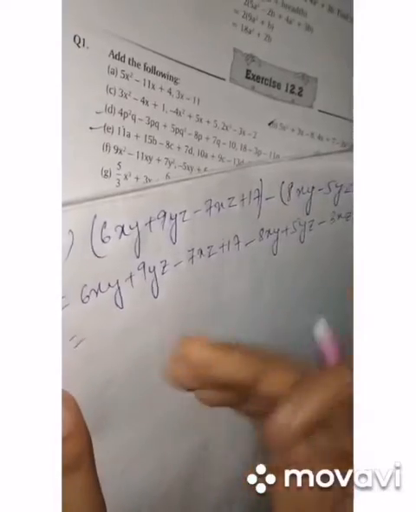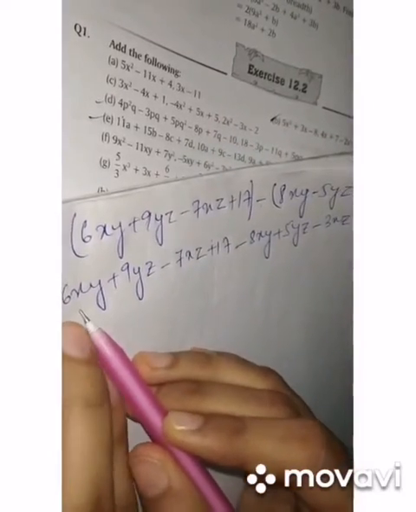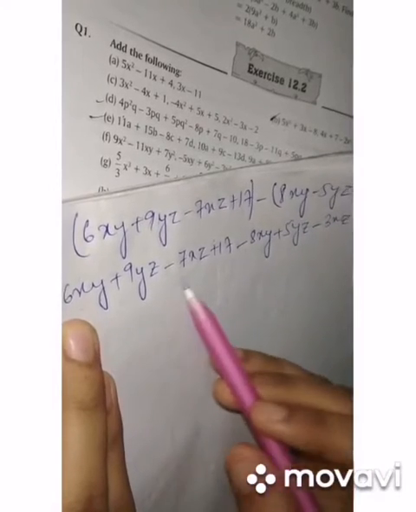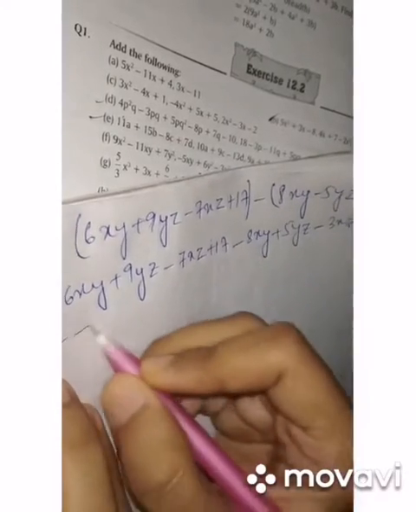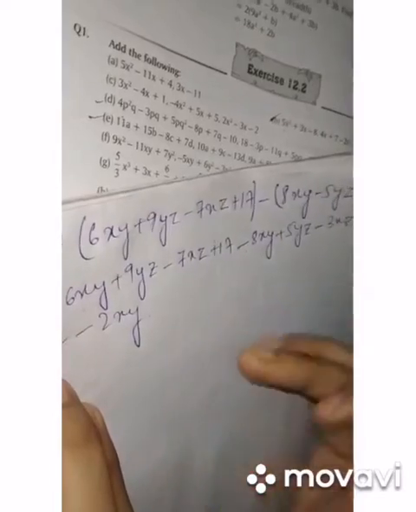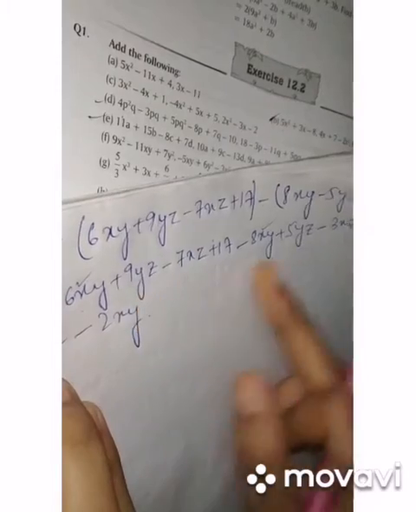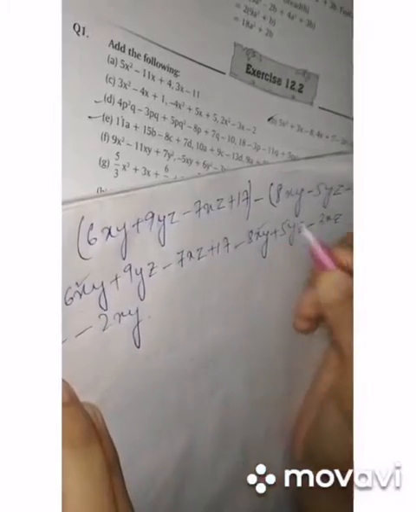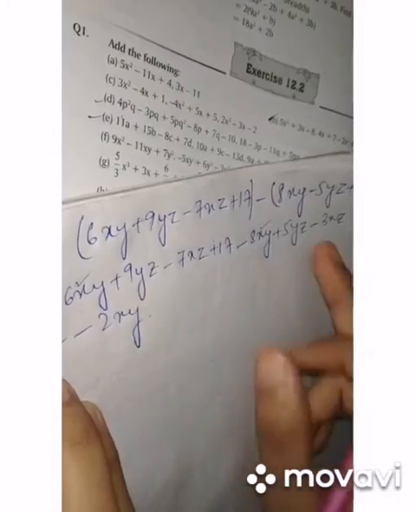Now simply we will add and subtract like we did in previous sums in number 1. 6xy, we will find another xy, like terms. 6xy and here xy. 6xy minus 8xy, minus 2xy. Then yz: 9yz plus 5yz, then it will get added.